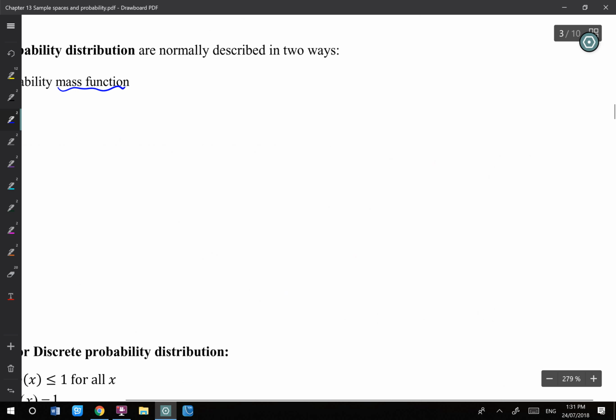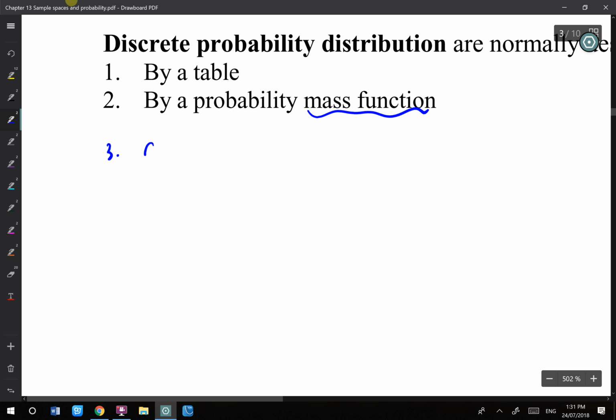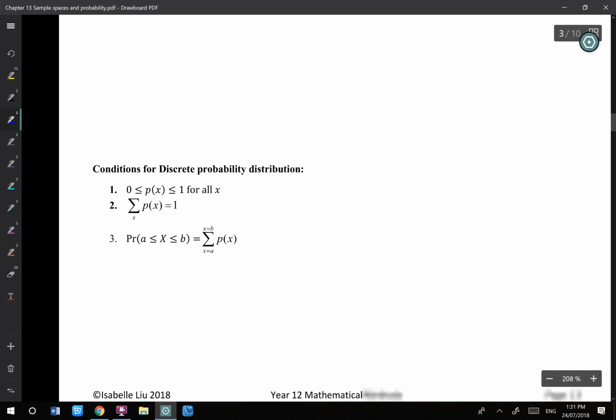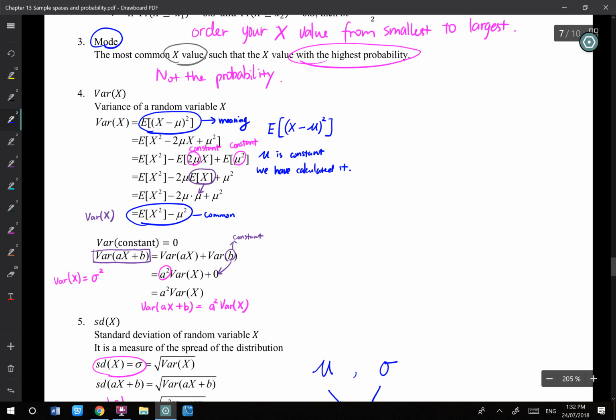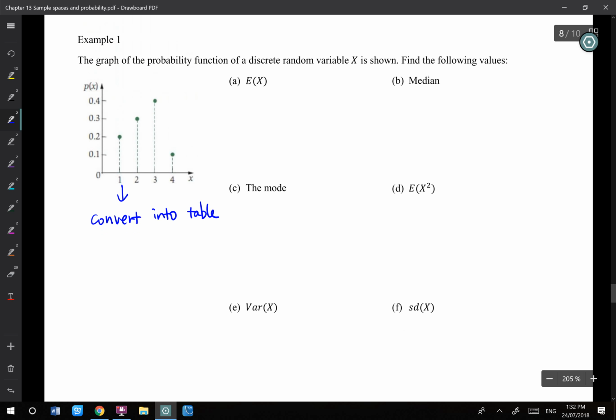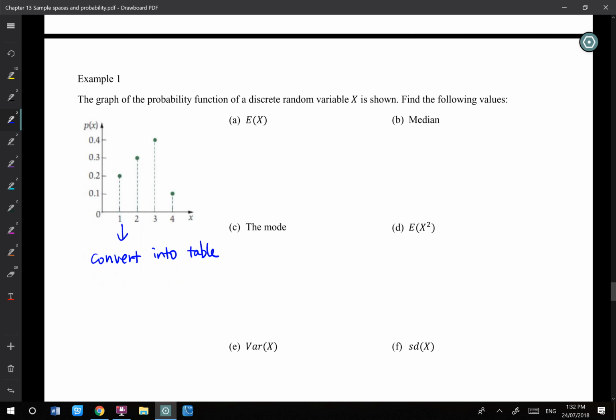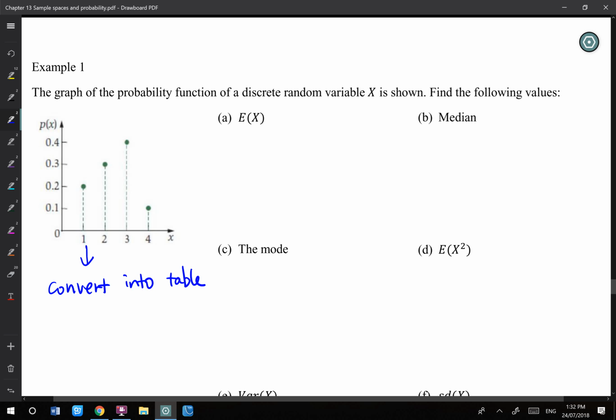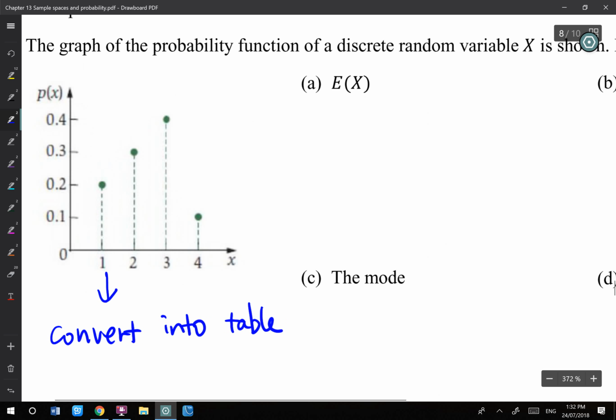Also, I want to add another one. It's not really that useful, but it's still possible to have. I can use a graph, like the dot graph, to represent the distribution. The example for that is, if you go to page 8 of example 1, that's a graph representing the probability. How to read that?